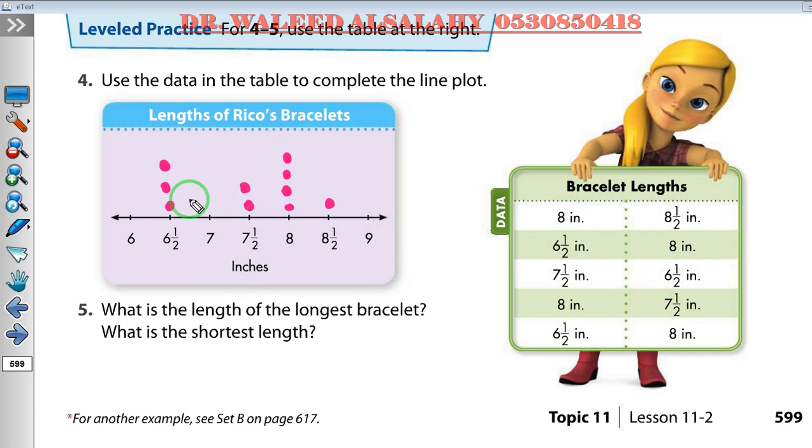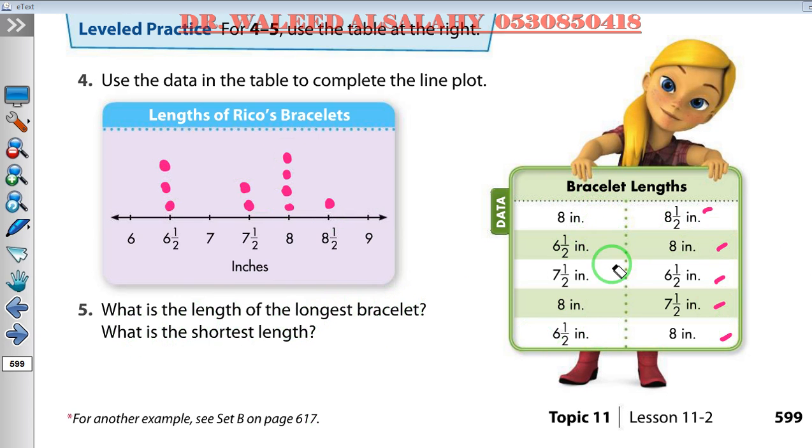How to know that we did exactly the same answer? Count the dots. 1, 2, 3, 4, 5, 6, 7, 8, 9, 10. The same. What length is the longest? And what length is the shortest?